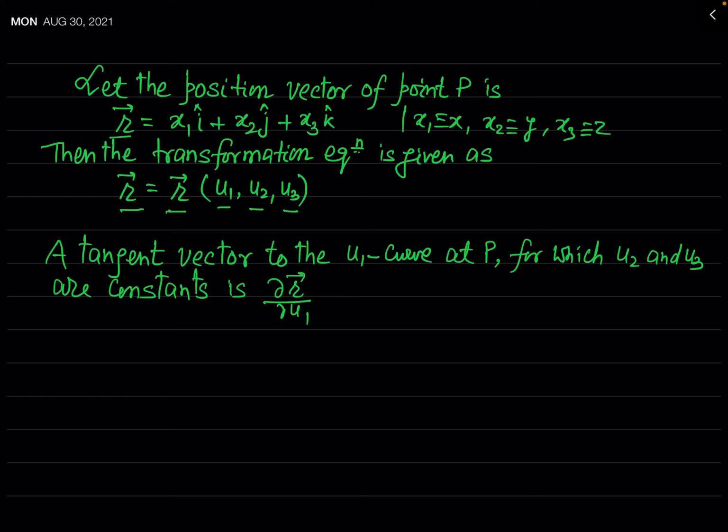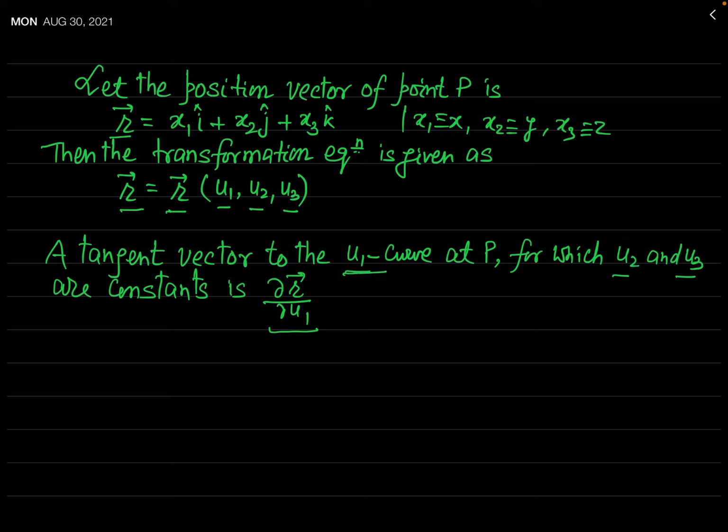In fact, in this condition you have also seen that the vector del r by del u1 is actually along the tangent to the curve u1 at point P, but only when the other coordinates u2 and u3 are constants. So you can say that this del r by del u1 is along the tangent to the curve u1.